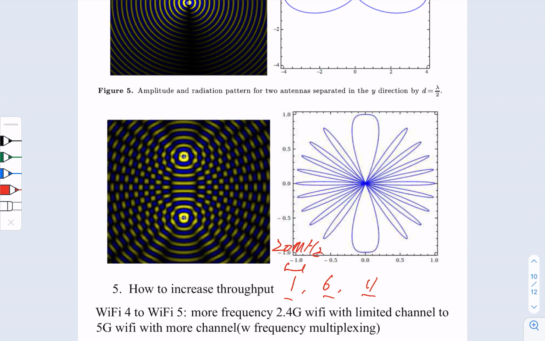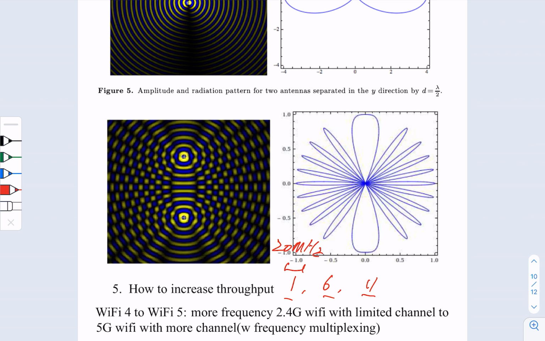Remember that for different waves, if you look at their underlying solutions, they are plane wave solutions, or the spherical wave solutions are exactly similar. For these solutions, different frequencies are orthogonal to each other. So in principle, you can carry different information in different frequency channels.